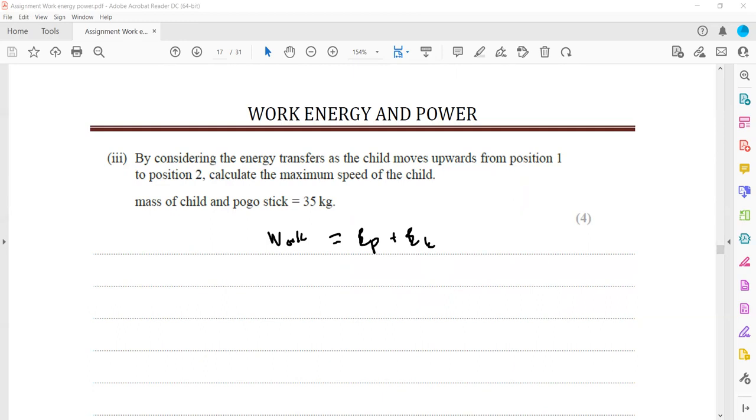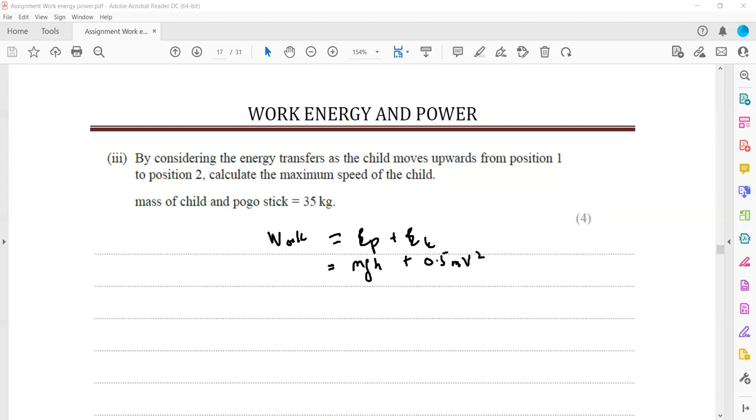Potential energy is mgh plus kinetic energy, which will be half mv square, or 0.5 mv square. And that's the work done.